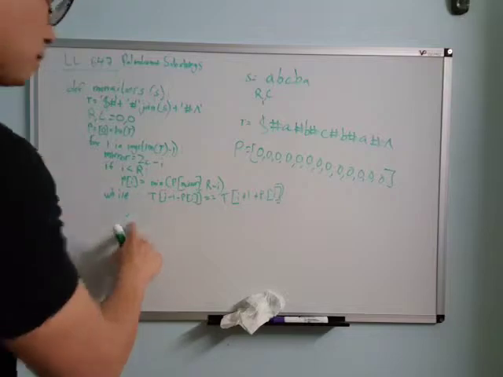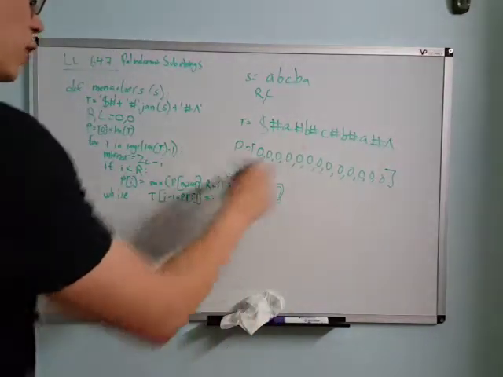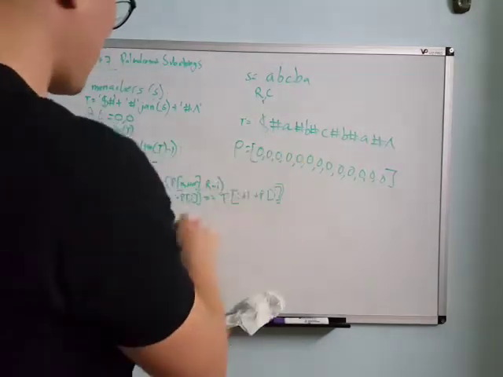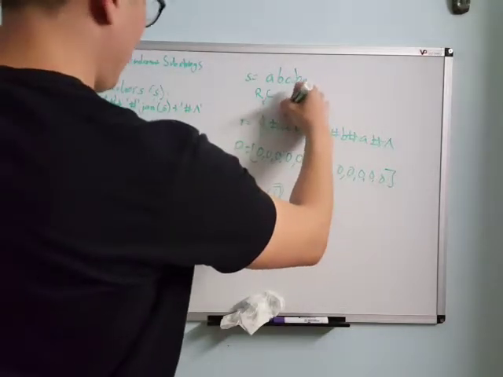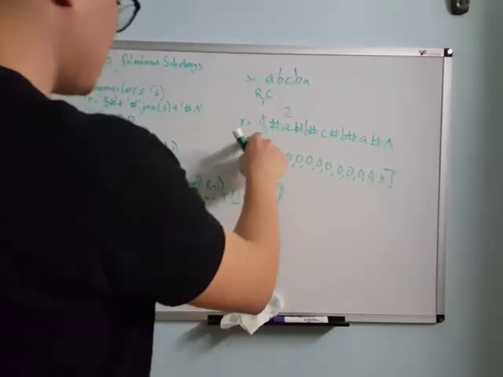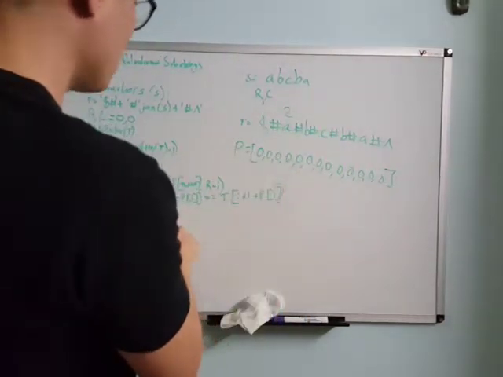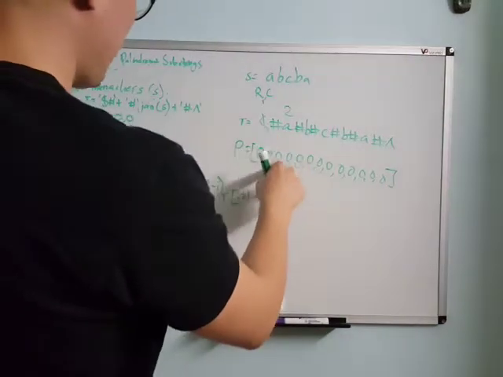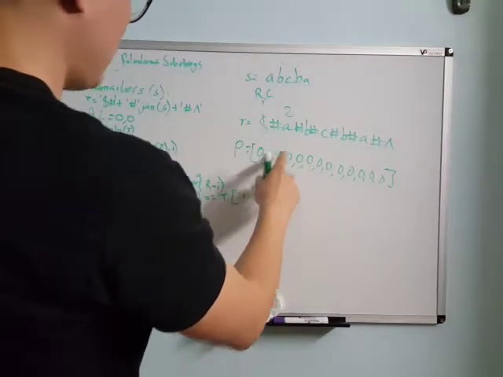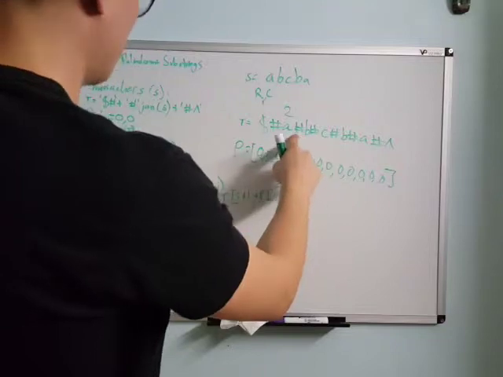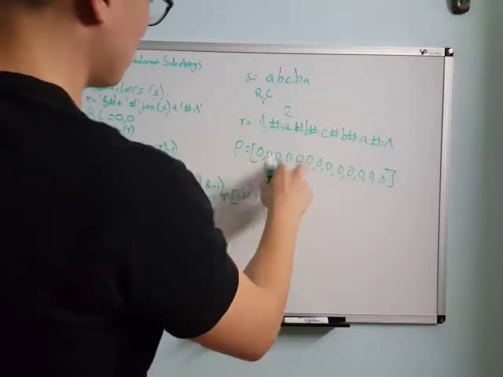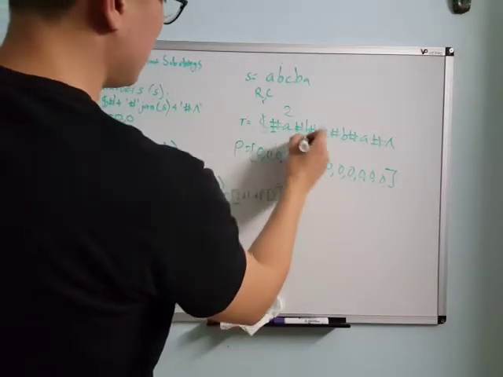So right here, t of I minus 1, I is 2, 0, 1, 2. 2 minus 1 is this, minus p of I, which is 0. And then t of I plus 1 is 3, plus p of I is 0. So we're at this and this.